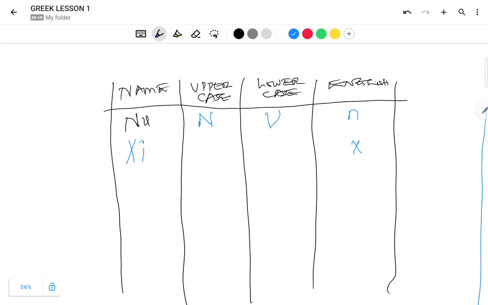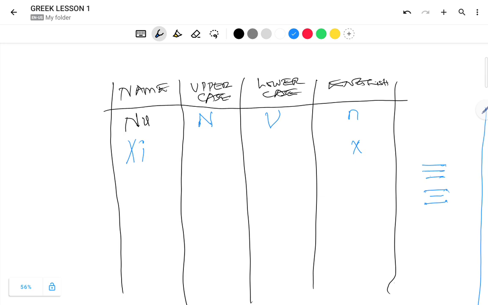Now, the uppercase. So think of something like this, like you are drawing, creating three lines. Okay, think of something like that. But instead of three straight lines, think of the first one being long, the second one in the middle being short, the third one being the same length as the first one. So you have something like this.